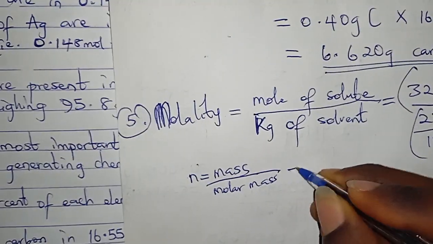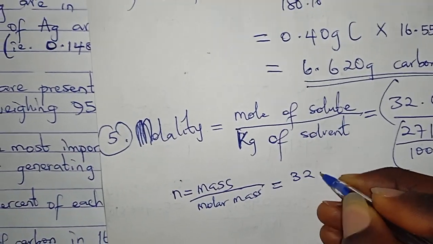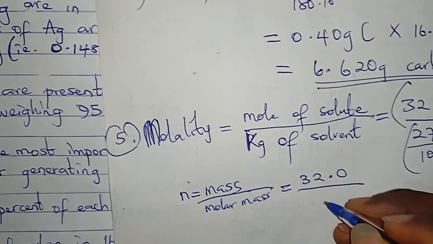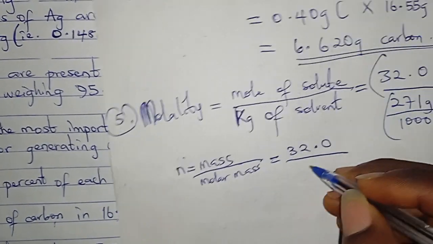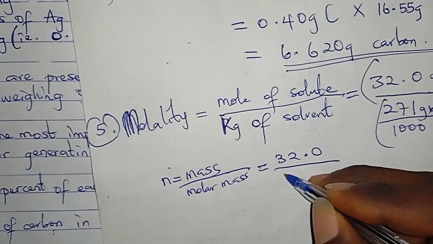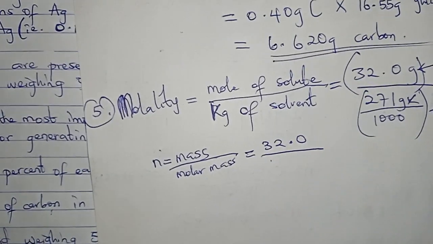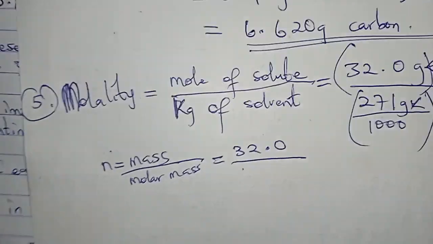So equals 32.0 all over the molar mass of CaCl2, calcium chloride. What is calcium in the periodic table?